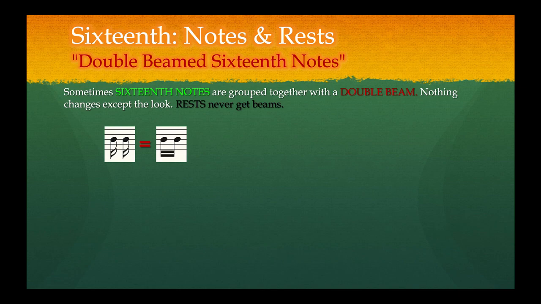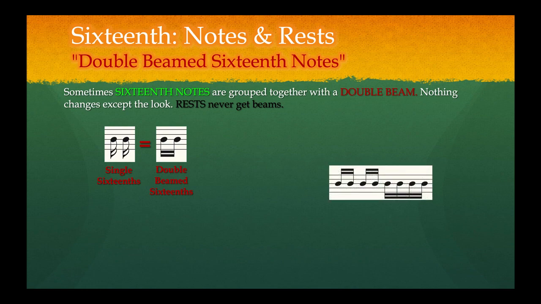Sometimes 16th notes are grouped together with a double beam. Nothing changes except the look. Rests never get beams. Here we have 2 single 16th notes, or we have double beam 16th notes.